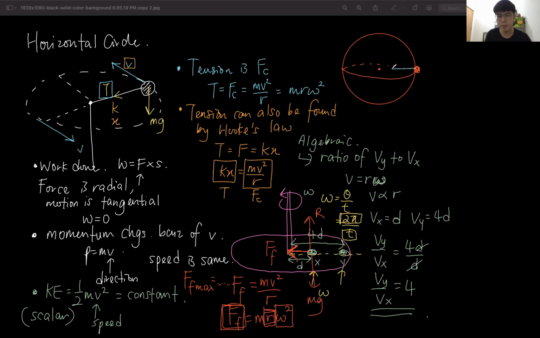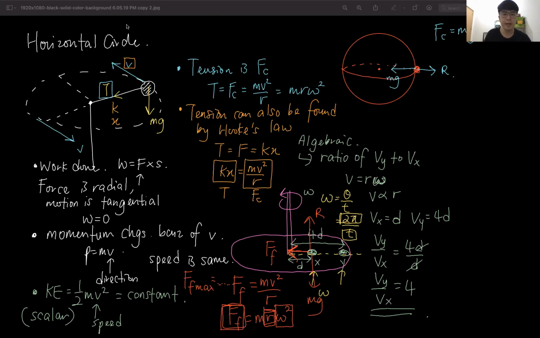The mg would be pointing towards the center, and the reaction would be opposite to the mg. In the case of rotation on the surface of Earth, in one day, what is the centripetal force? Fc is the resultant, so mg minus R.